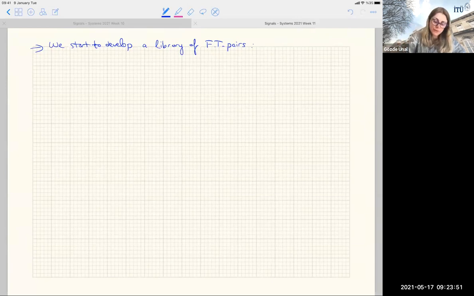So for instance, now if I give you this signal, a little bit of calculus math, but it's really fun math, not difficult at all. I'm asking you, find its Fourier transform. What is its Fourier transform? Now you know the definition.